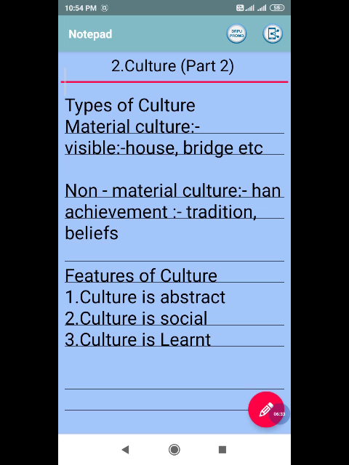Third point, students. Culture is learnt. Culture does not come by birth. It is not nature made either. It gets formed in interaction with various members of the society.